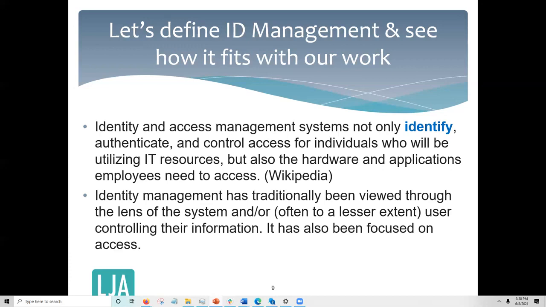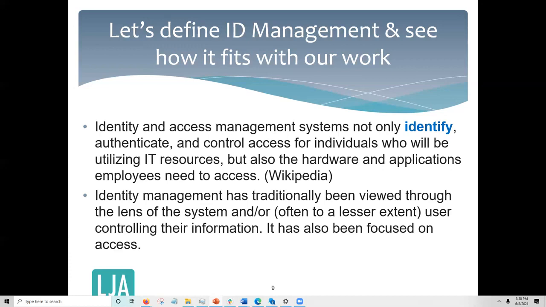Especially as we talk about privacy and security of our data, and someone stealing our password or identity theft, all those kinds of things that we hear about that have to do with access of systems or using our credentials or any of that kind of stuff. Certainly that's a very, very important piece of identity management, but that's really how IT has traditionally thought about identity management. It's been at the system side, like how is the system doing this?